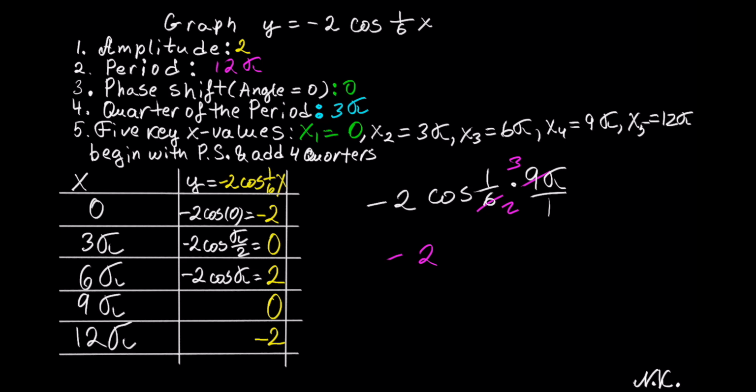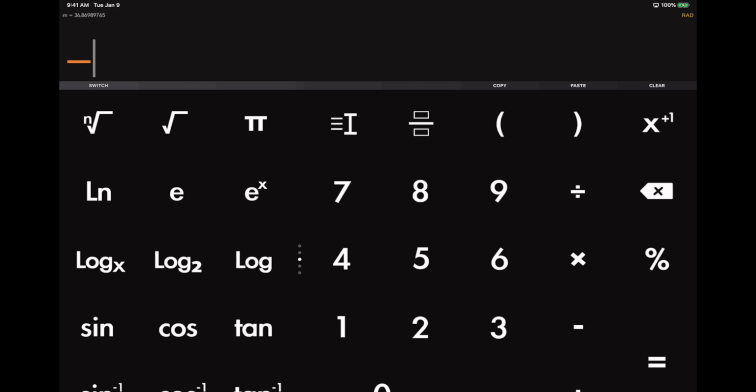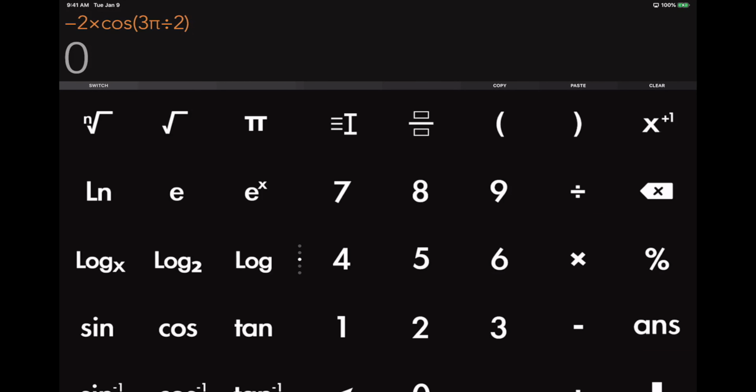And we get -2 cosine of 3 pi over 2. Notice how we keep on hitting the quadrantal angles because they are the only ones that matter for graphing sine and cosine. So -2 times cosine of 3 pi divided by 2, and we get 0.